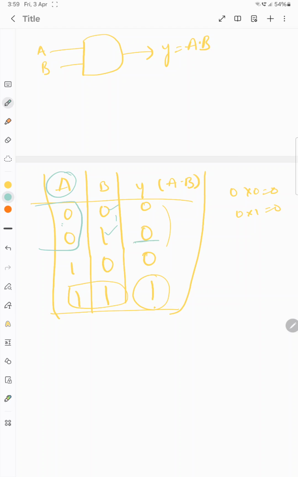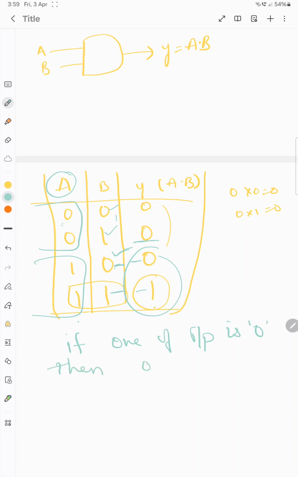Right? Next, if one of the inputs is high, that is 1, if A is 1, the output is the same as the other input. What is it? A, B. Whatever the B we got, the same we get here. So if one of the inputs is 0, then the output is 0.